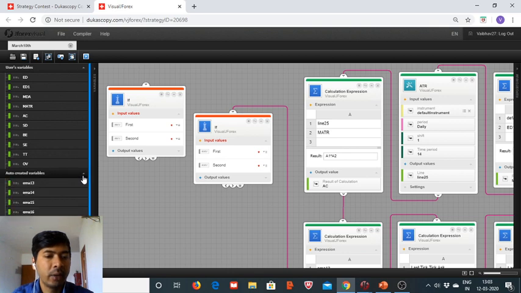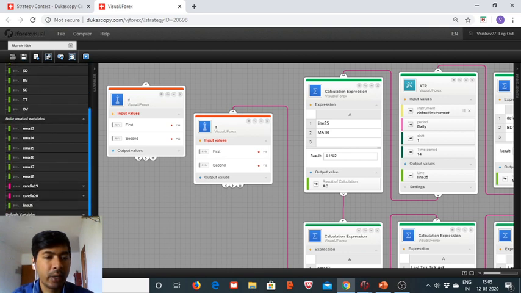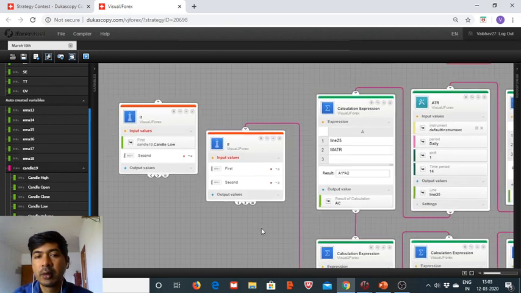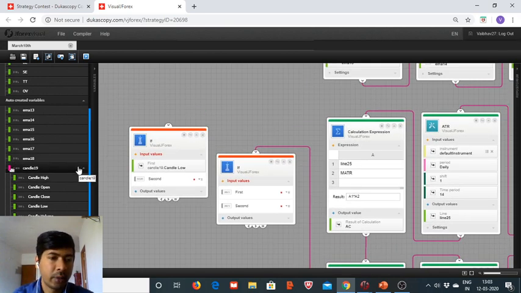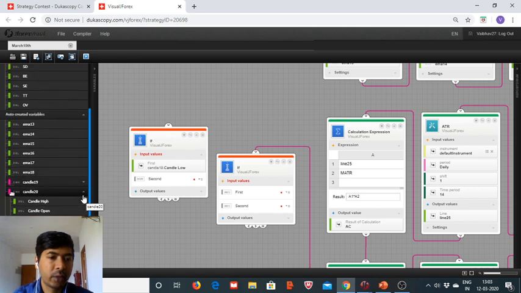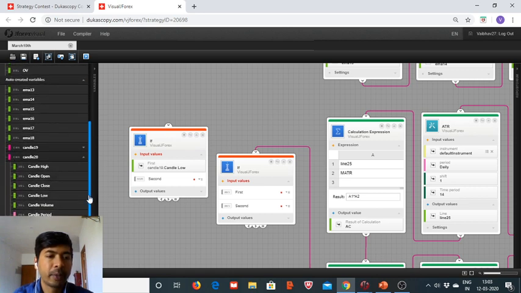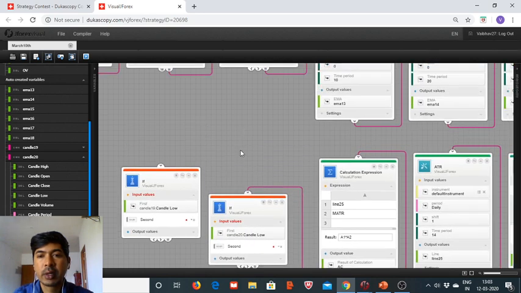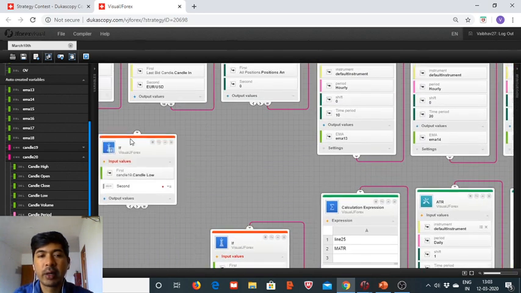Auto created the candle 19 and the candle 20, and the candle low for the candle 19 should be, and let me also bring in the candle 20's low. Candle 20 is low and candle 19 is low.